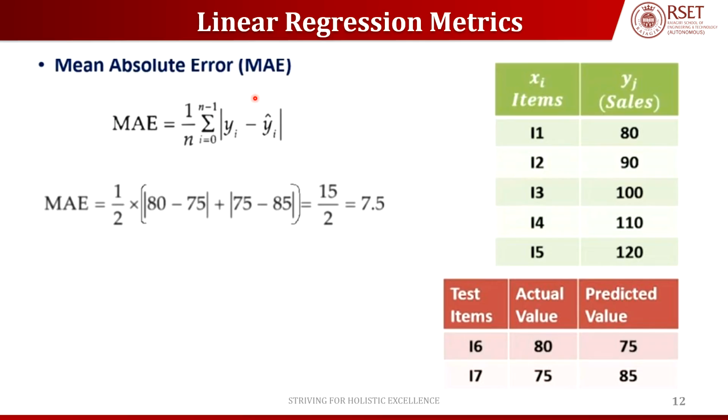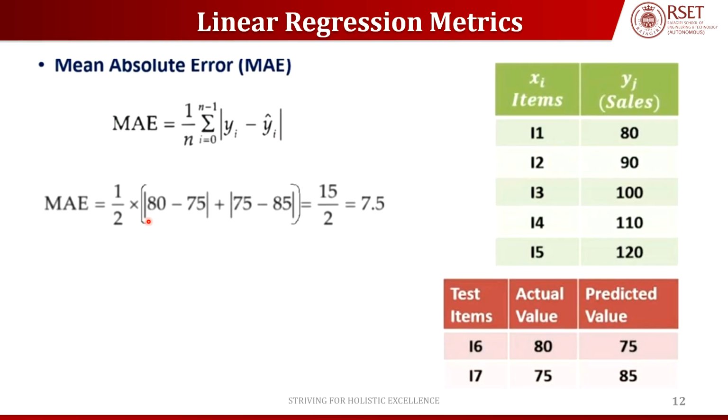So first is mean absolute error. The formula for that is 1 by n sigma i equal to 0 to n minus 1 of yi minus yi cap. So we have to just substitute the values here. yi is going to be the actual value, yi cap is going to be the predicted value.